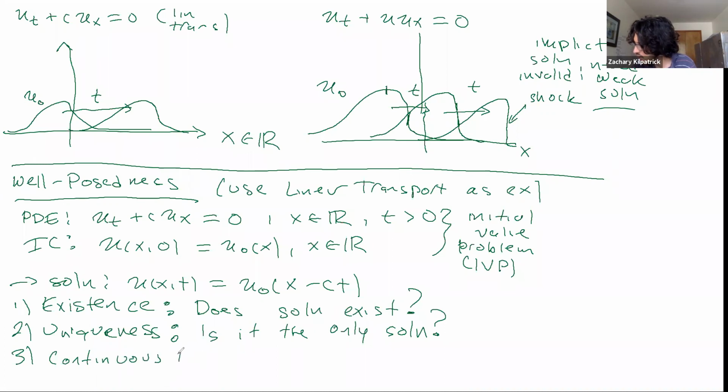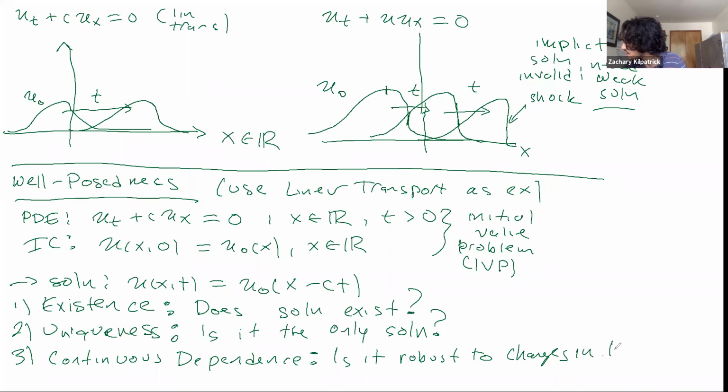And then the last condition is what we call continuous dependence. And here we're asking, is it robust to changes in initial conditions, boundary conditions, or parameters?